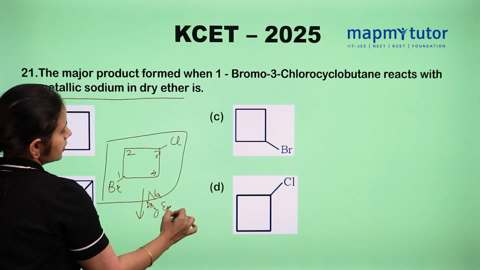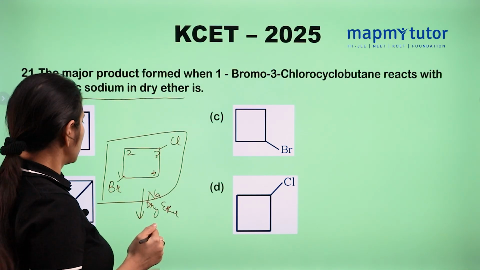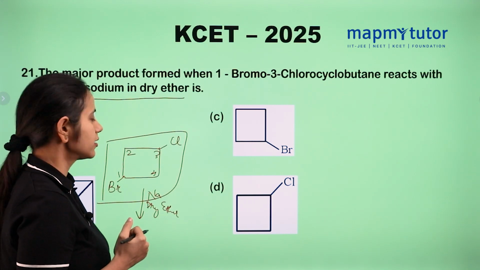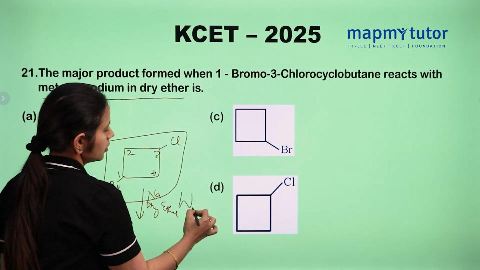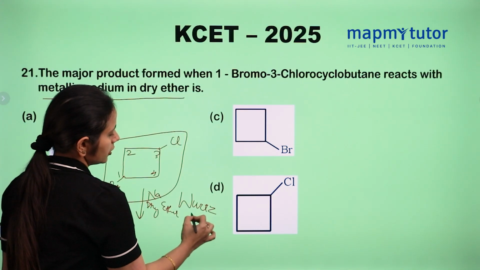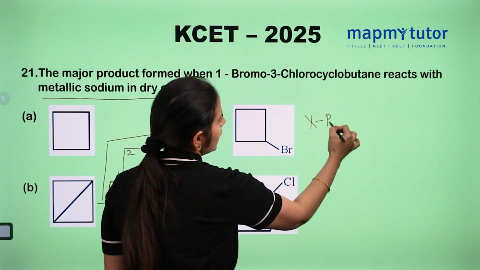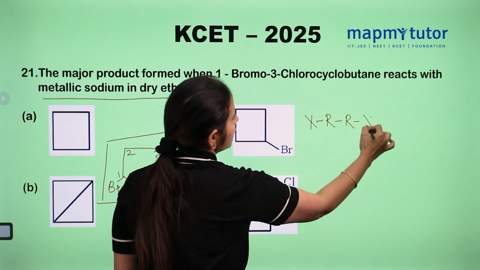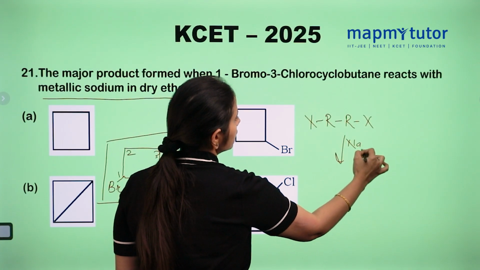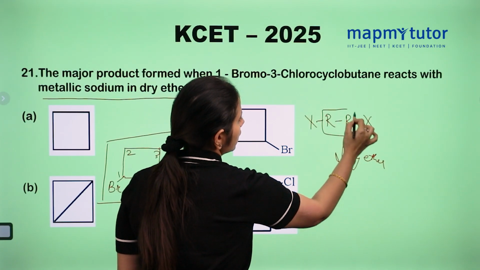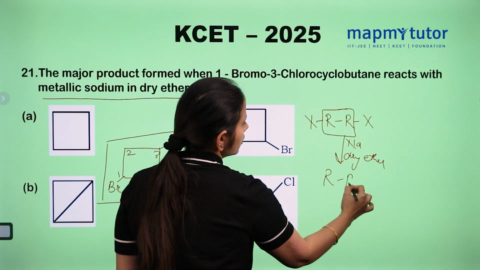This is a very famous name reaction. We use sodium in dry ether in which reaction? This is the Wurtz reaction. In the Wurtz reaction, when we react 2 RX with sodium in dry ether, it will give R-R, an alkane.